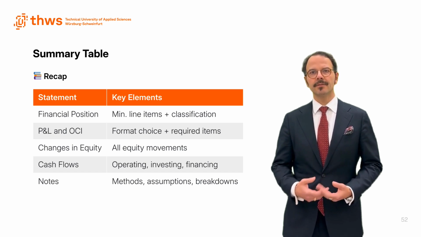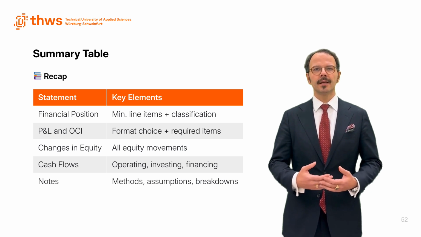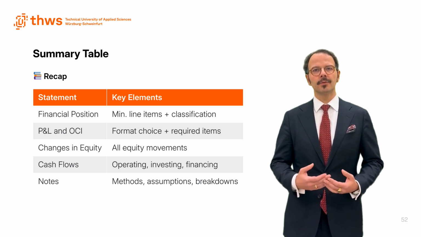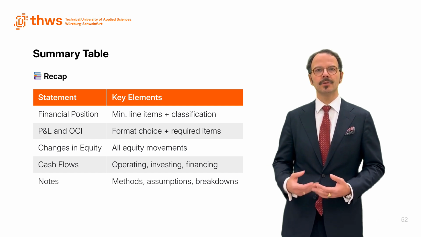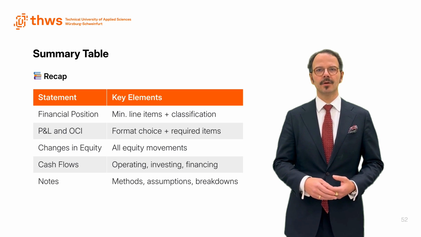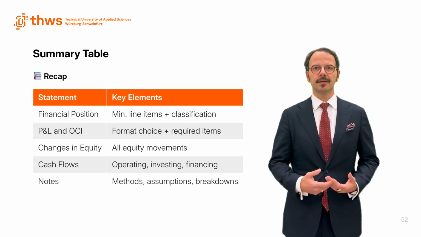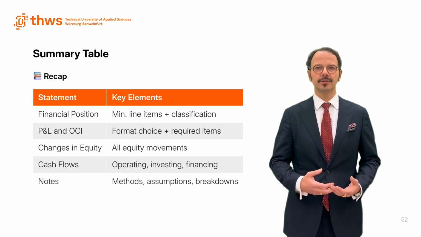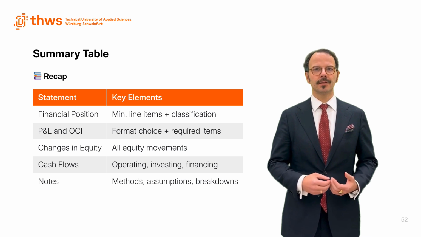Your statement of financial position must include all required line items and clearly separate current from non-current items. The income statement and OCI must follow one of the approved formats and include all key line items. The statement of changes in equity shows all equity movements during the period.